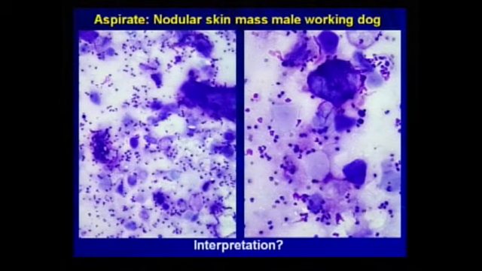Okay, but it's a nodular skin mass. So I tend to think that, and there's no evidence of malignancy here, no multinucleated cells or anything like that. So I tend to put the squamous cell carcinoma way down on the list.